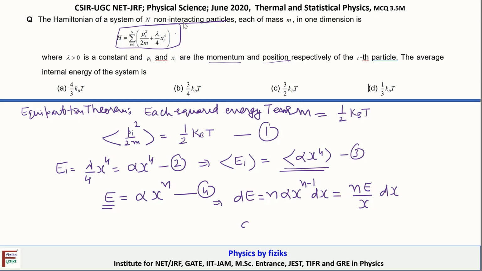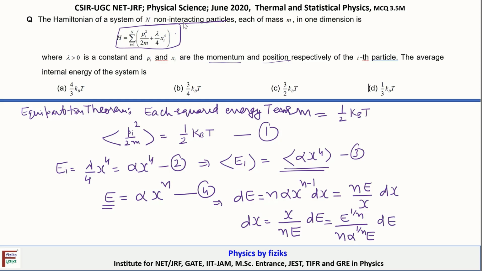So dx is going to be equal to x upon nE multiplied by dE. Now we can substitute for x: x will be E power 1 by n divided by alpha power 1 by n. In terms of that, the expression reduces to E power 1 by n divided by n, then the constant alpha power 1 by n, then E as it is, multiplied by dE.